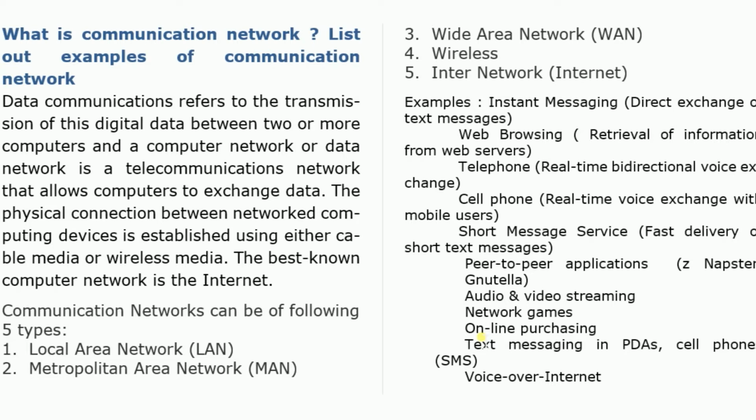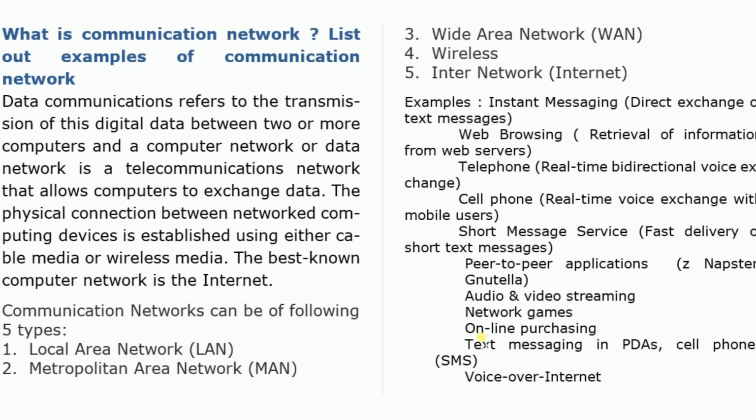And the transmission of digital data. Digital means discrete data, 0 and 1 type of format. Discrete data between two or more computers, and a computer network is a telecommunication network that allows computers to exchange data. The physical connection between network computing devices is established using either cable media or wireless media.